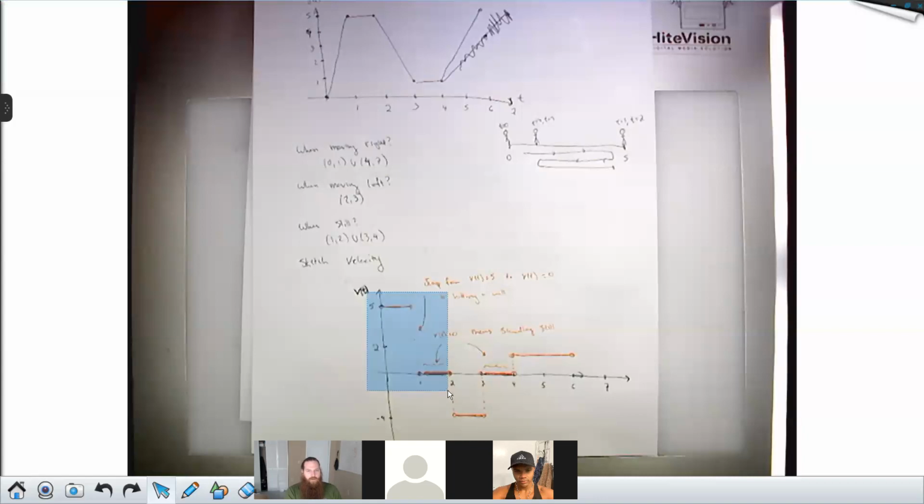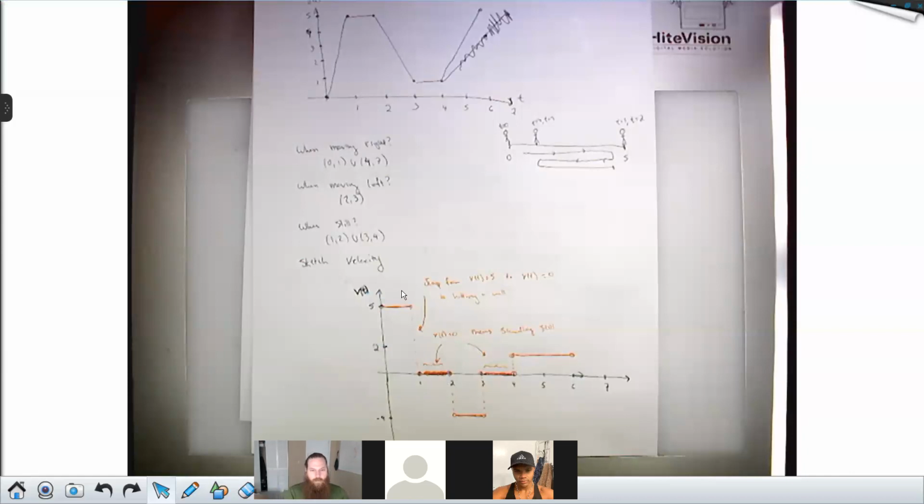So a jump in the velocity function like this is a rapid acceleration, either positive or negative, meaning you go from moving fast to moving slow all of a sudden, or from moving slow to moving fast all of a sudden.